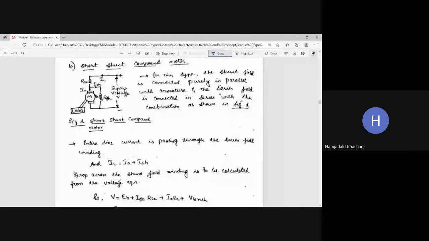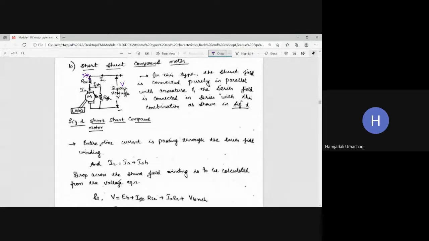So now you can see that the total power supply V is going to give us the total load current IL, and this IL is directly flowing through the series field winding, which has the current ISC. So in this case I can say IL is equal to ISC because it is series in nature.